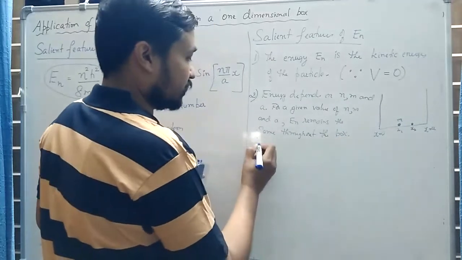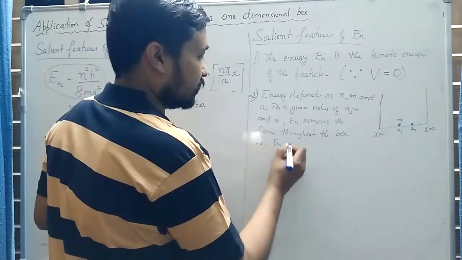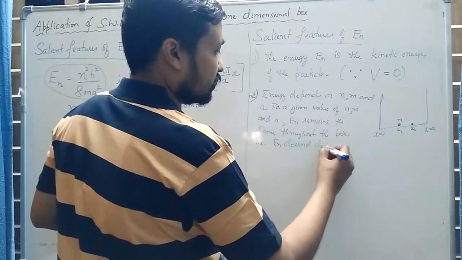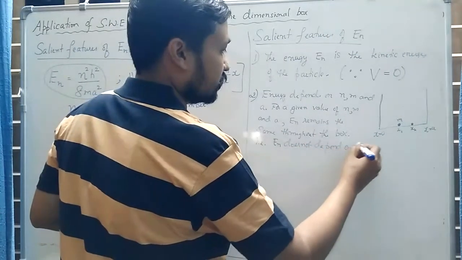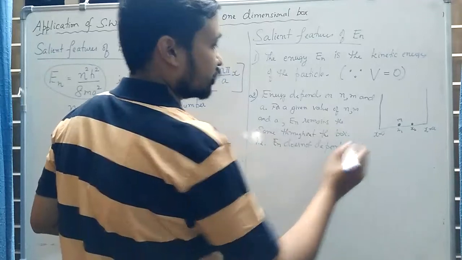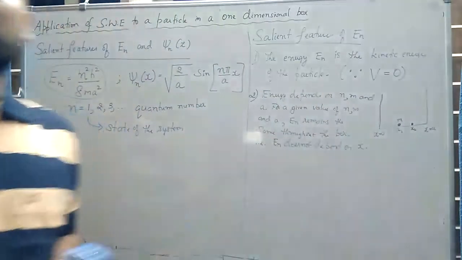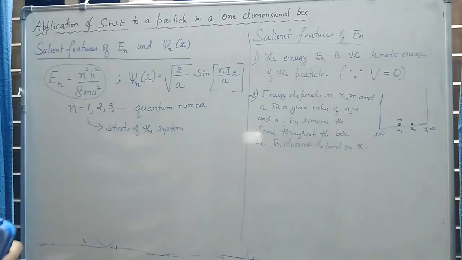What does it mean? That is, En does not depend on x, the position in the box, provided the others are kept constant. This is a very important observation of the energy of the particle.